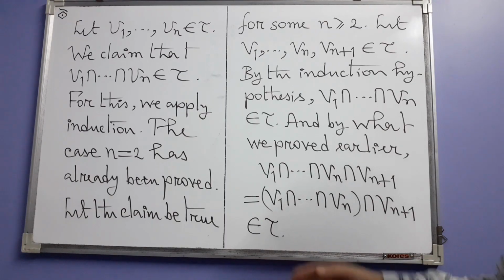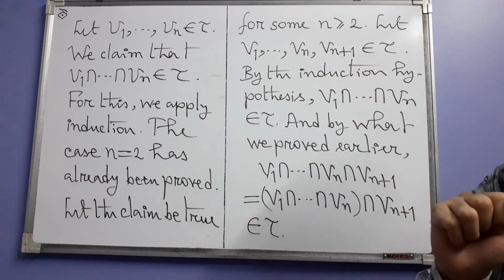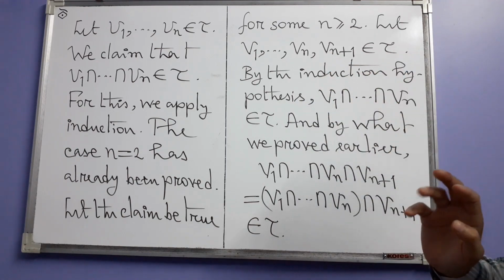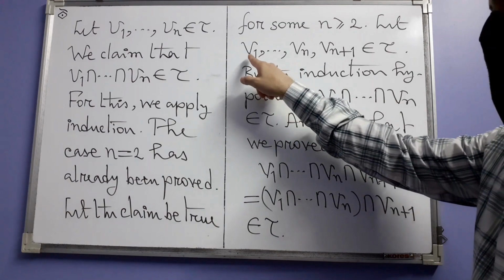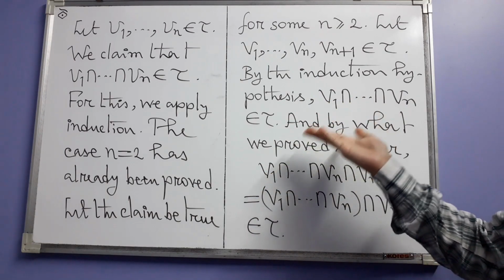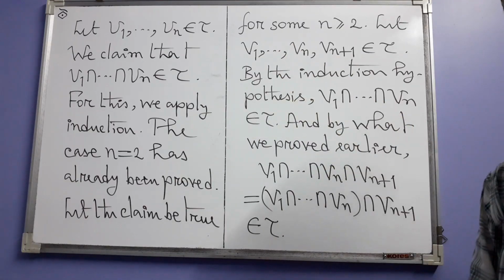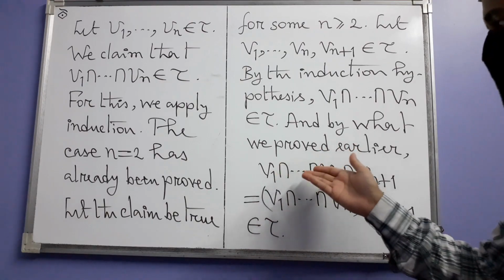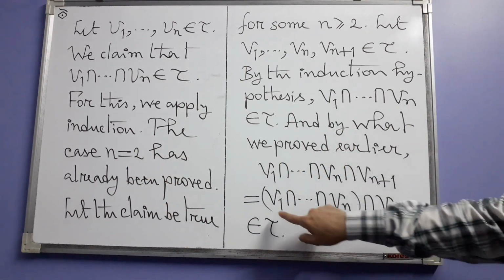Now for the induction step, we take n plus 1 elements in this list in tau, and let us give them some other names v1, v2 up to vn plus 1. Now by the induction hypothesis, we immediately have the fact that the intersection of the first n of them is in tau, and by what we proved earlier, this is the two-set case.